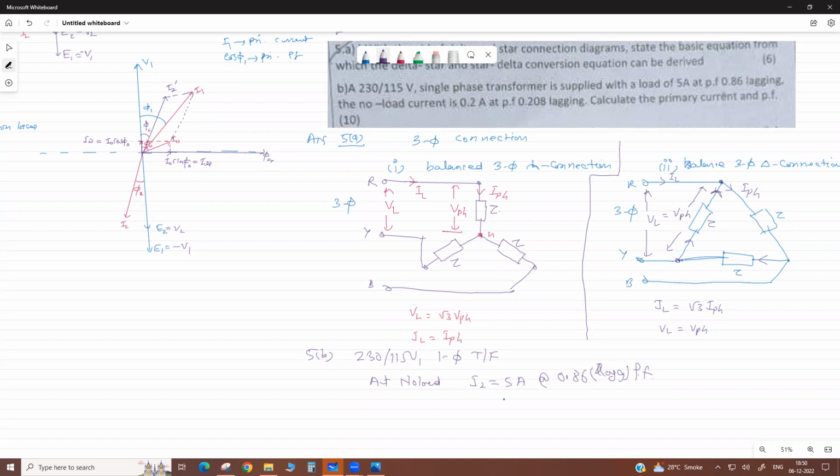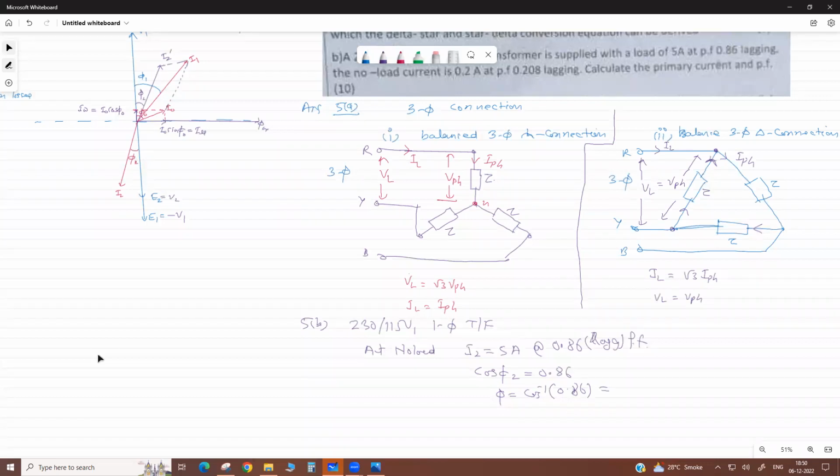Lagging power factor means cos phi 2 is 0.86, then phi 2 is cos inverse of 0.86. Please look with the calculator.